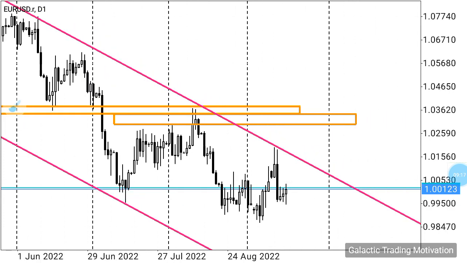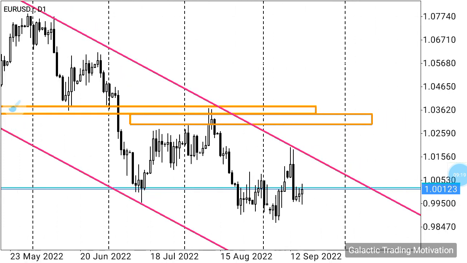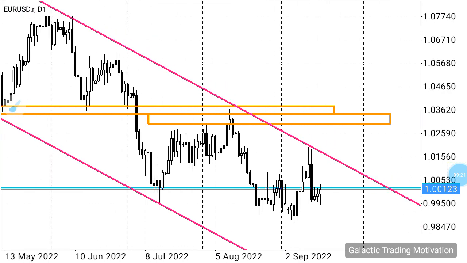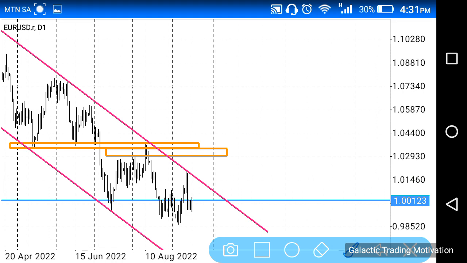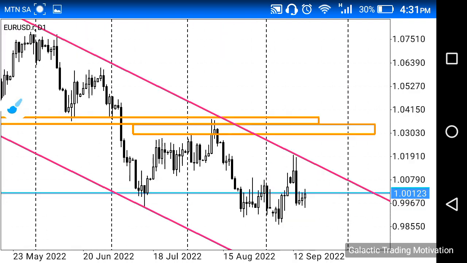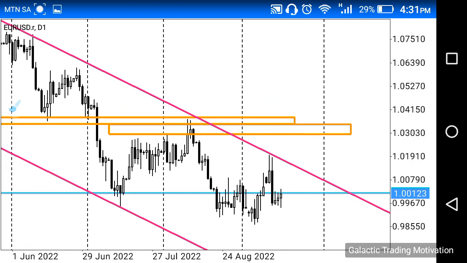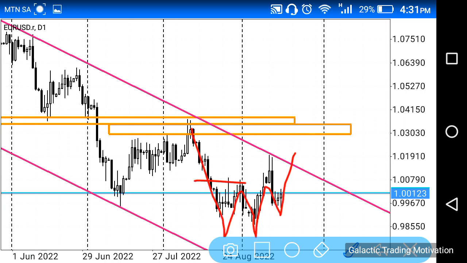So here we are on the daily chart. What else do we see on the daily chart that we should be paying attention to? On the daily chart, I can see that number one, we have a market that's going downwards, as you guys can see. And another thing that I see is that we have this inverted head and shoulders pattern, which has a neckline at this point, more or less.